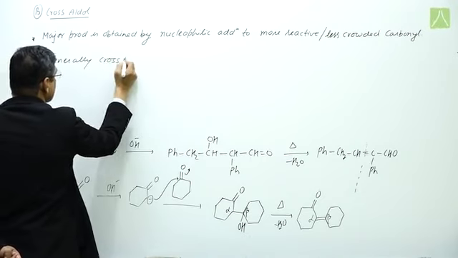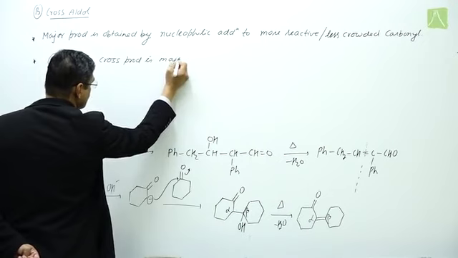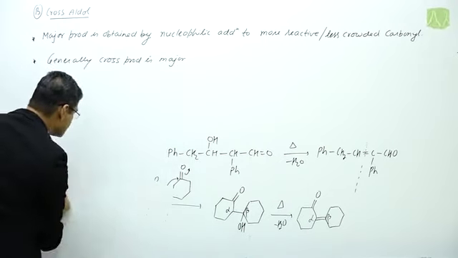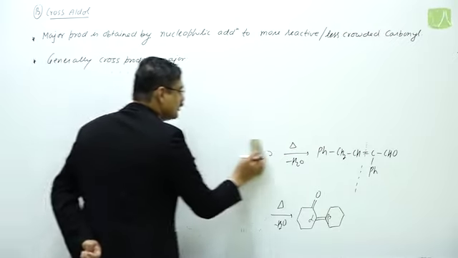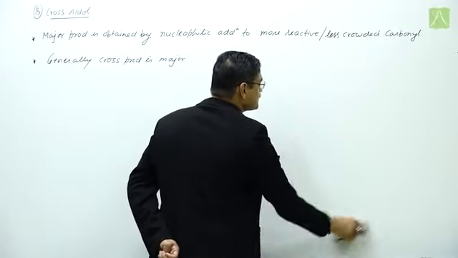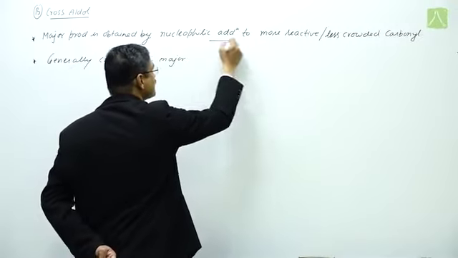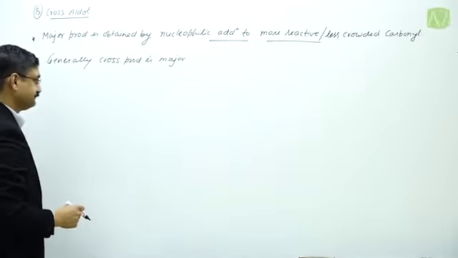Generally, cross product is major in this case, because it depends upon the reactivity of carbonyl compounds. So more reactive carbonyl gives addition reaction faster than the less reactive carbonyl groups. That's why major product is obtained by the nucleophilic addition to the more reactive or less crowded carbonyl.